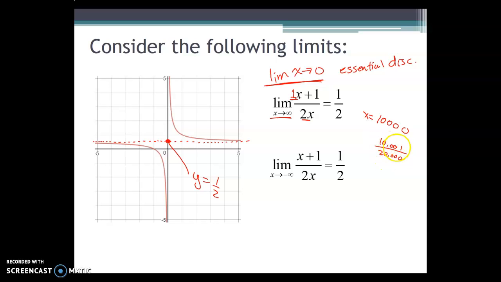The only thing that matters is the x and the 2x, which is why it's 1/2. If it were negative 10,000, you'd have negative 9,999 over negative 20,000, which is, for all intents and purposes, positive 1/2. So when it comes to limits at infinity, it is all about the horizontal asymptote.